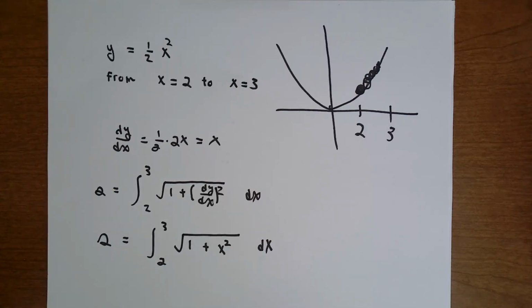The bad news, if you look at the list of things that we know how to integrate from Calculus 1, this isn't on the list. At the moment, there's no convenient way of manipulating it around so that it is on the list.